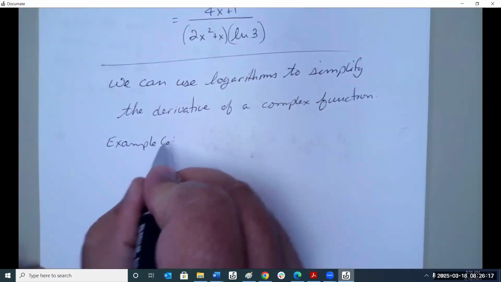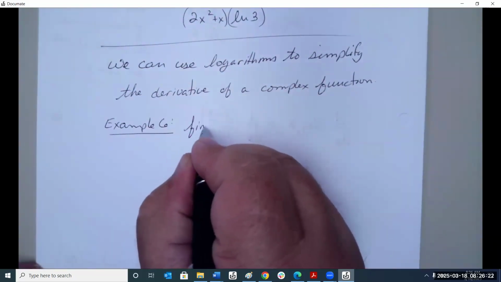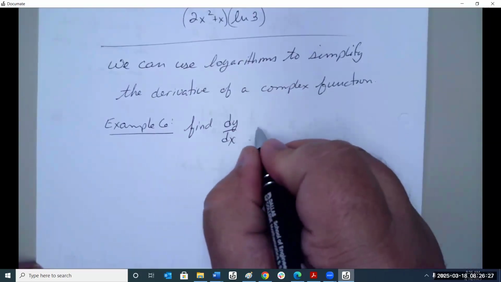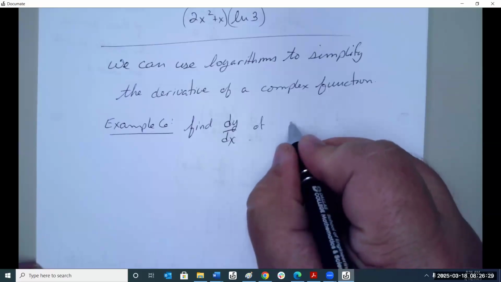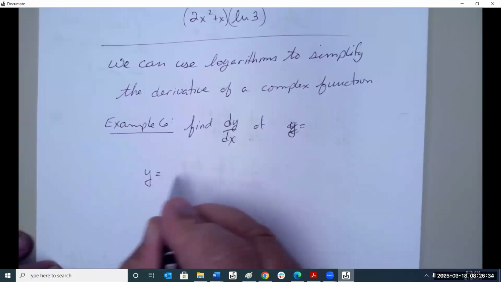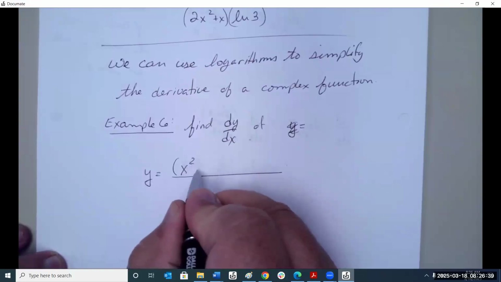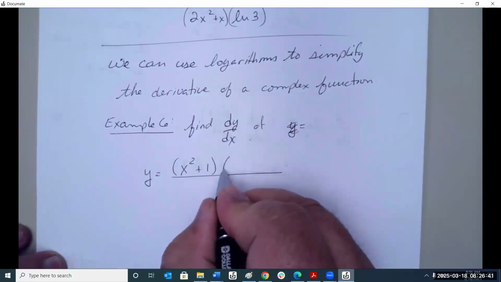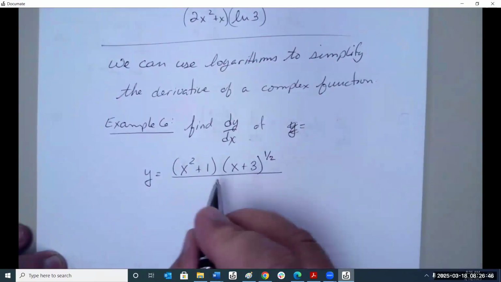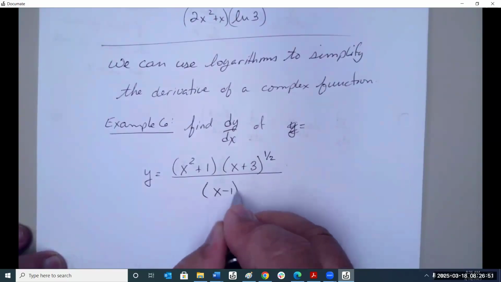Example 6. Find dy dx of this function: y is equal to x squared plus 1, times x plus 3 to the power 1/2, over x minus 1.